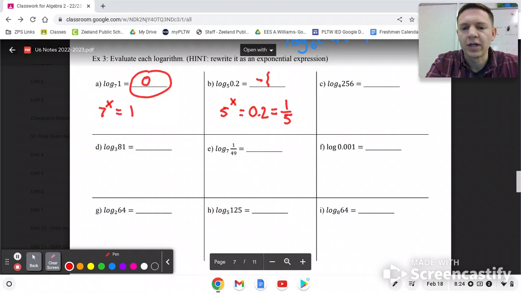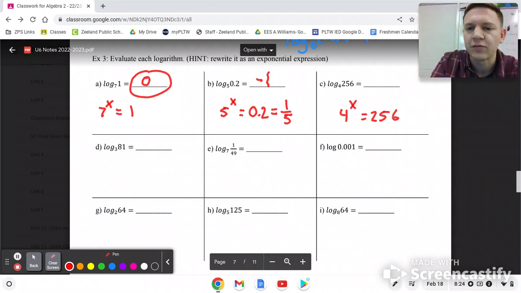We'll do one more together before I give you the answers for the rest. 4 to some power equals 256. I got to cheat and use my answers on this one. That's a hard one in my head. That's actually 4 to the 4th. 4 to the 4th is 256.